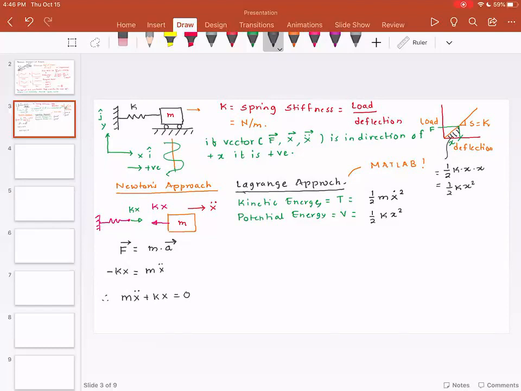So kinetic energy is 1 half m x dot square. Potential energy is 1 half k x square. Now here comes the equation.